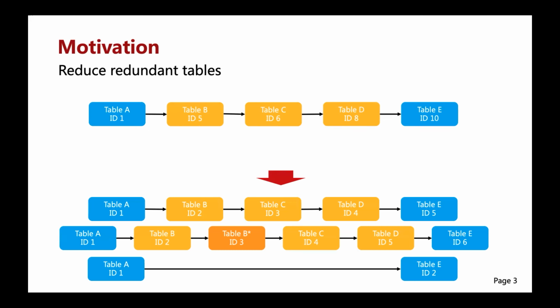The second motivation: the table ID of every table in the current pipeline is fixed. If we want to add a new table, you need to manually specify the table ID.